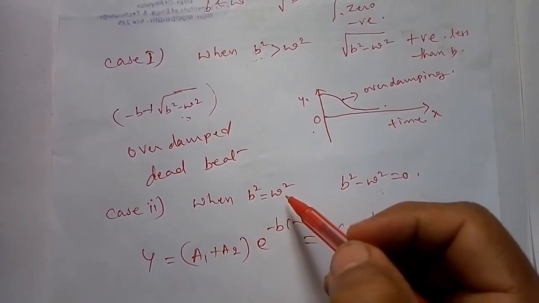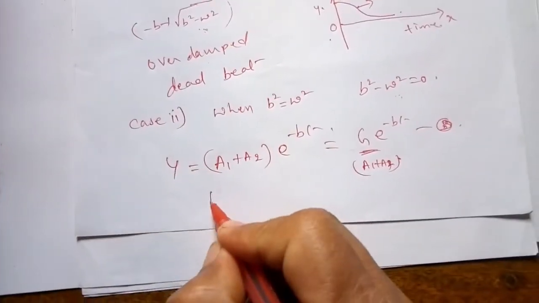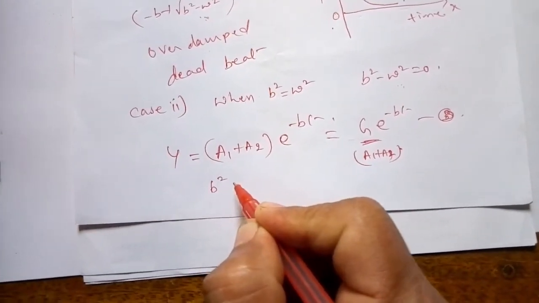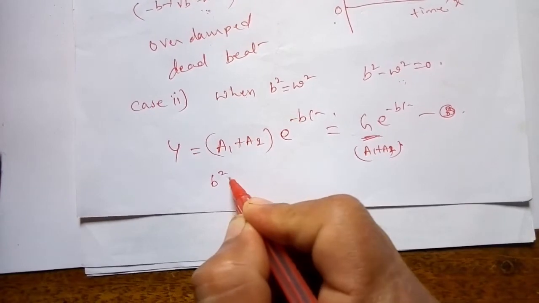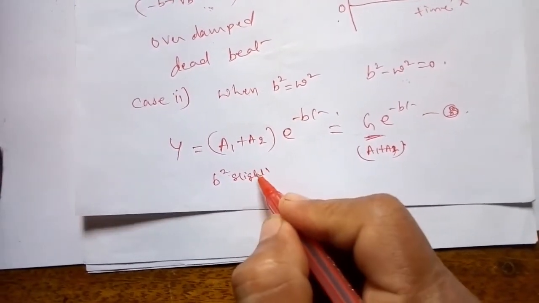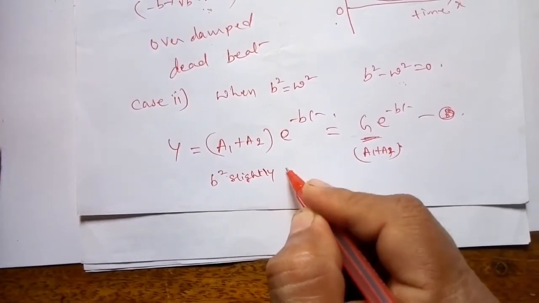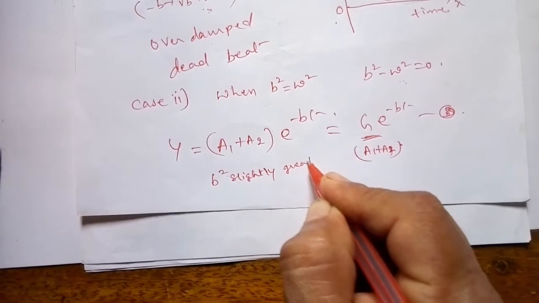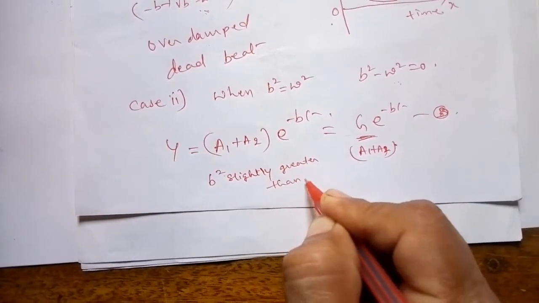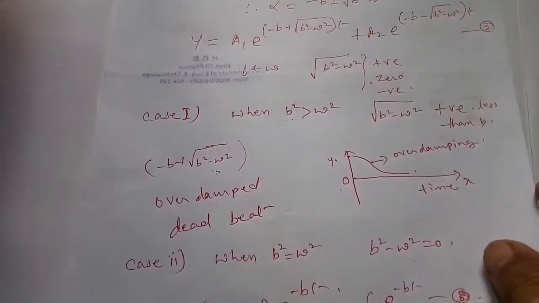So to find the complete solution, instead of assuming b square is equal to omega square, let us assume b square is approximately equal to omega square, but slightly greater than omega square.